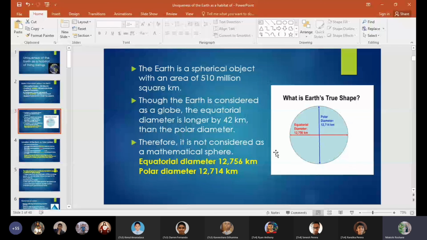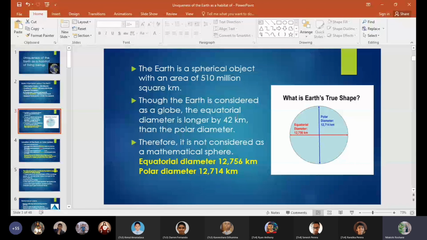You should remember that though it is considered a spherical object, it is not a mathematical sphere. You need to remember the true shape of the Earth.